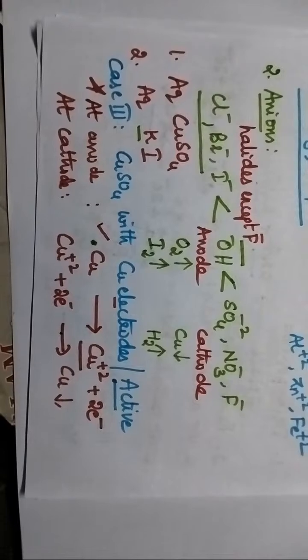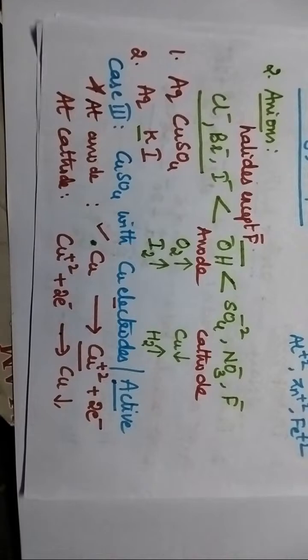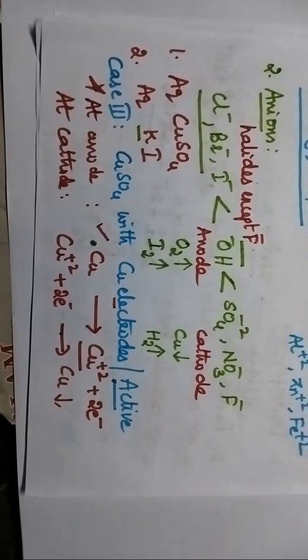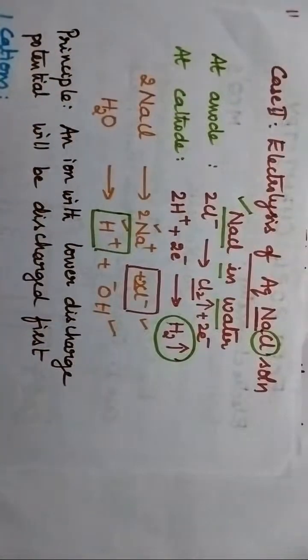This is all about the electrolysis of molten electrolytic solution, aqueous electrolytic solution, and also the electrolysis of any electrolytic solution with active electrodes. Now it's time to discuss in detail the multiple choice questions based on electrolytic cells.